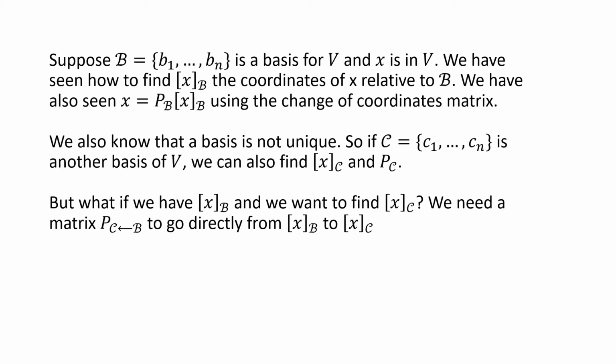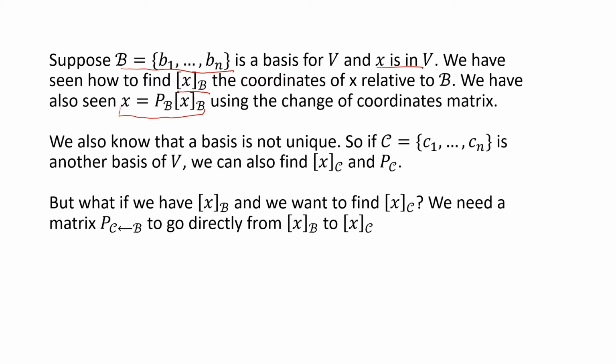Okay, so to start off with, we have a basis B for our vector space V, and we have some x in V. We've already seen how to find the coordinates of x relative to the basis B. And we've also seen this equation, from an earlier lesson, that x is equal to this matrix PB times the coordinates.